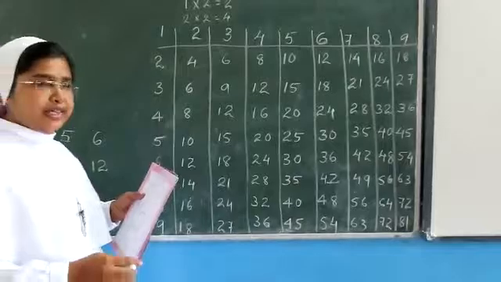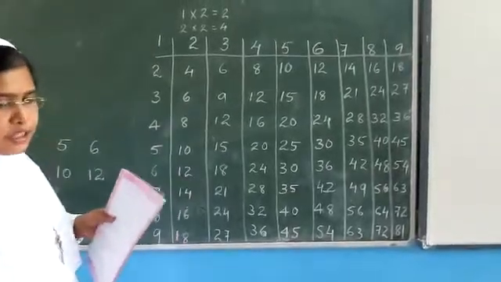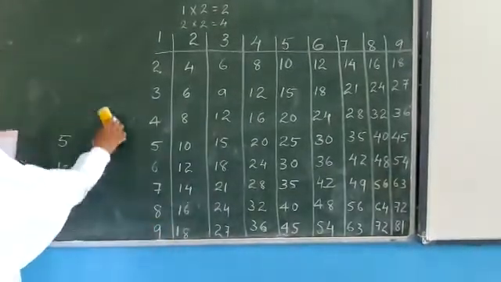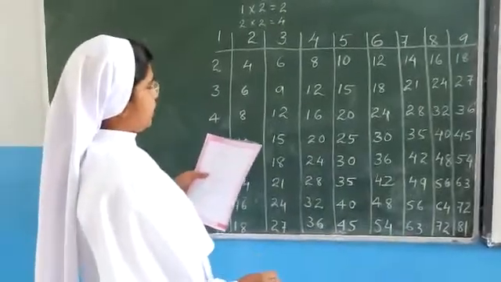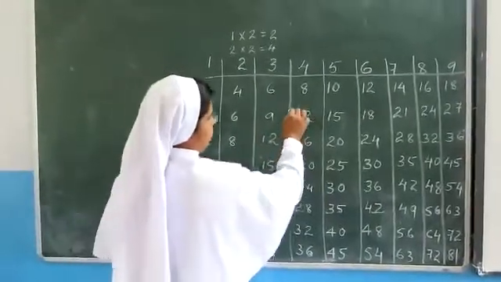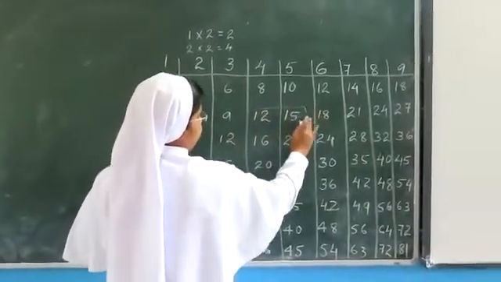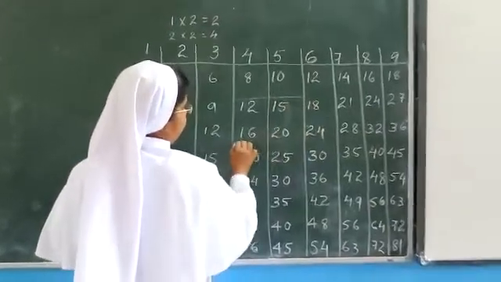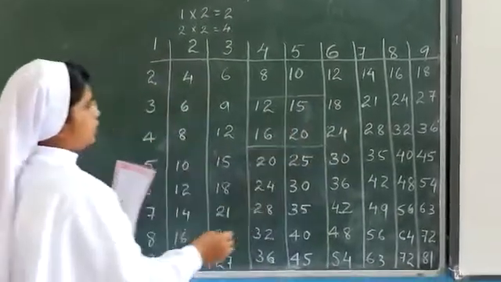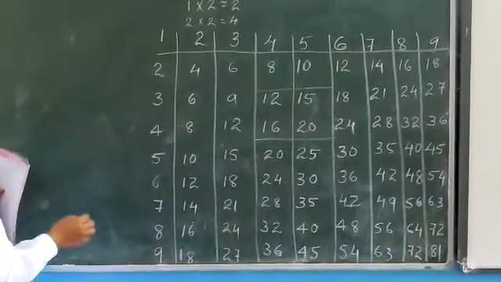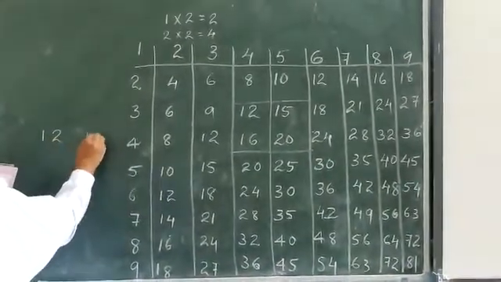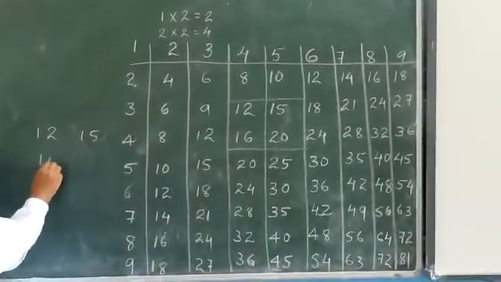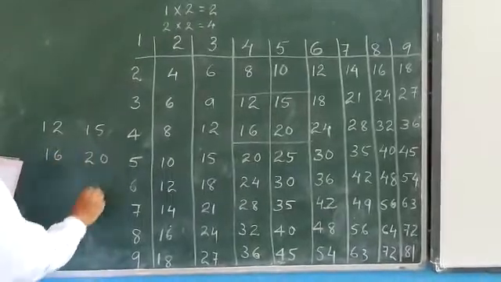The first one given here is 12, 15, 16, 20. Let us rewrite again: 12, 15, 16 and 20.